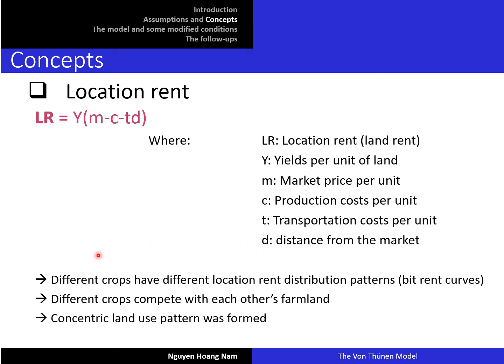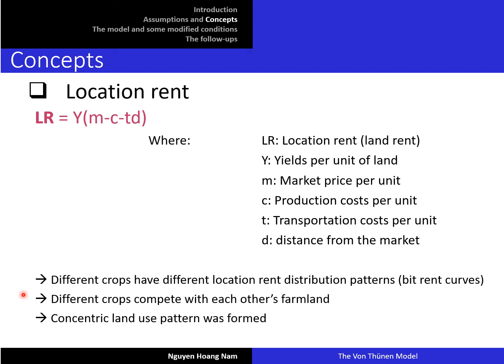Okay, so let's see. There are some consequences we can learn from this formula. Firstly, different crops have different location rent distribution patterns, and we'll be discussing bid rent curves later. Second, different crops compete with each other for farmland.